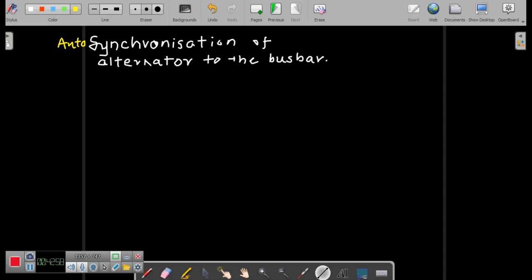First let me draw a small diagram here. Let us say that this is the R phase, this is Y, and this is B, and this is R, Y, and B, something like this.